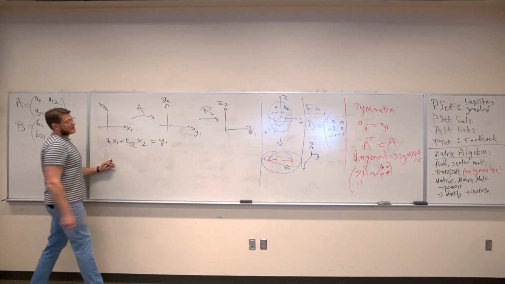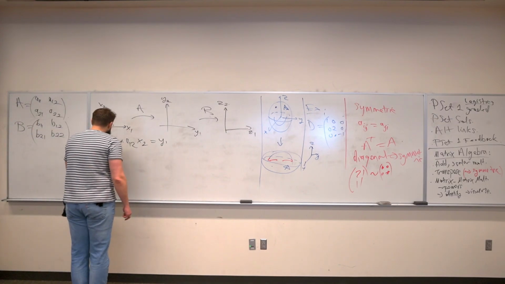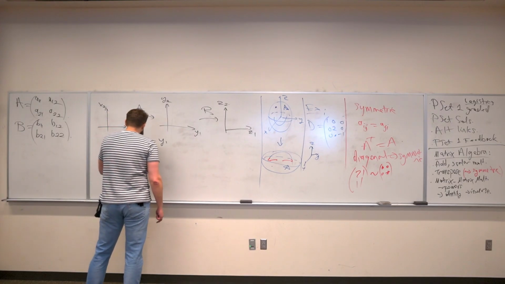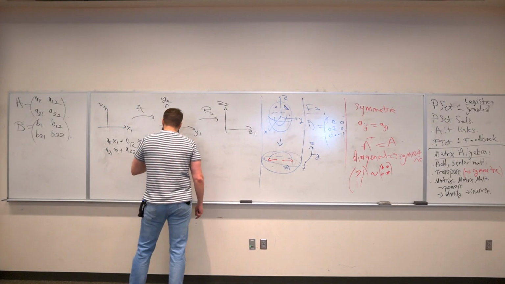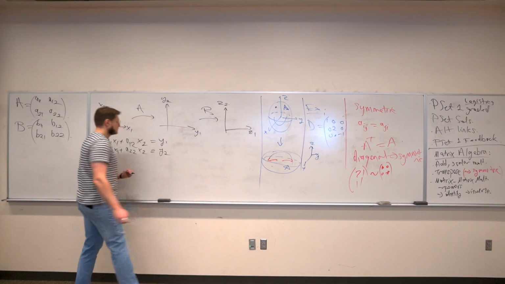But y seems more like a variable to me, so I'm going to leave it as is. And then I have A21 x1 plus A22 x2 equals y2. Okay?